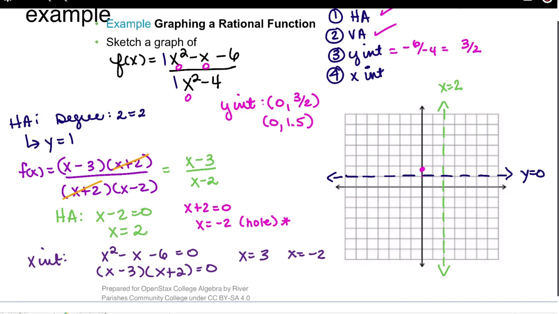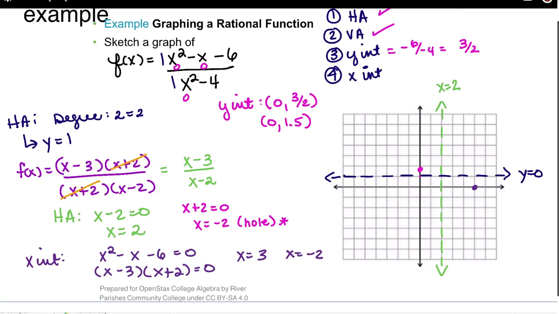Alright, so I think this one's not going to count, and we'll just double check and make sure. I don't think it will be an intercept because it canceled out and it's a removable discontinuity there. So it can't actually cross the x-axis at x equals negative 2 if the graph isn't defined there. So the only 0 is at x equals 3.